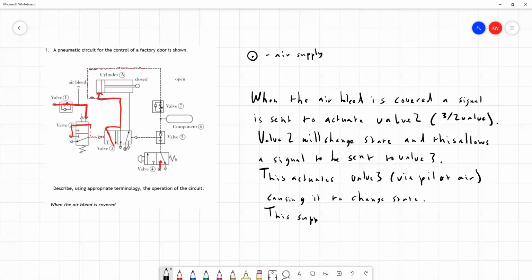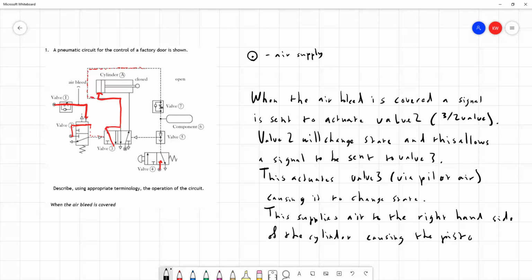This supplies air to the right hand side of the cylinder, causing the piston to outstroke.